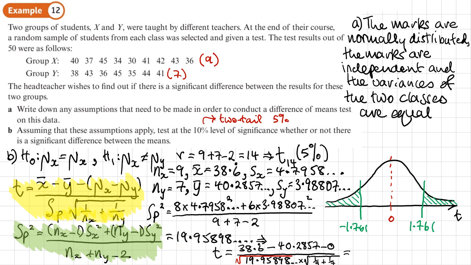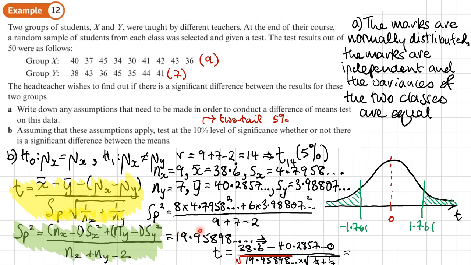Okay, so here's the numbers substituted here. I know it's very, very small, sorry about that. So here's my mean of x, 38.6 recurring, minus my mean of y, 40.2857. That's the value here, minus the difference between the means. We're assuming they're equal, so it's going to be 0. Then here I've got the square root of my pooled variance here.